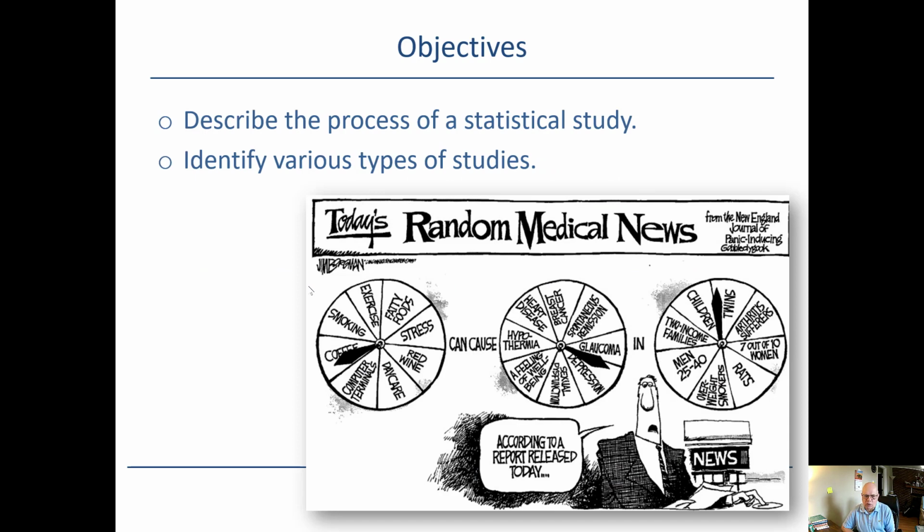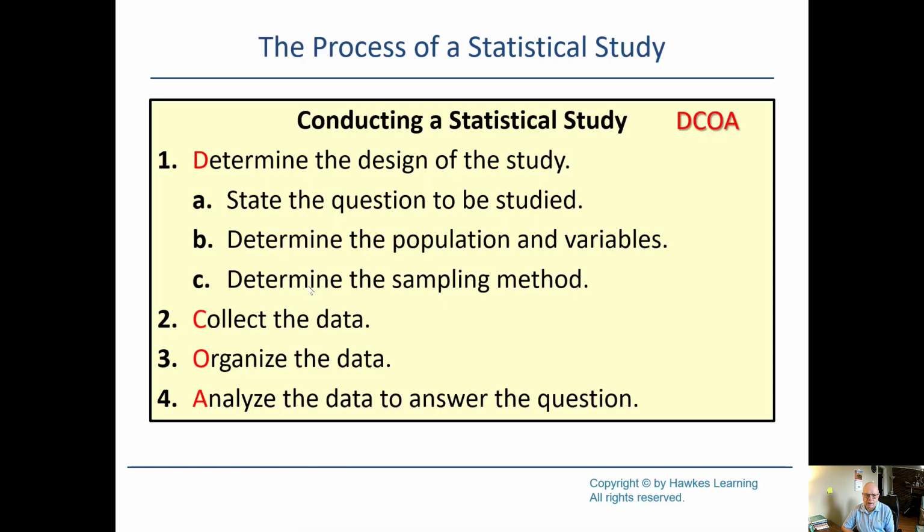Here's a little picture. We're going to talk about the process and various kinds of studies. At the top right, I've put a sort of letter summary to help you remember.